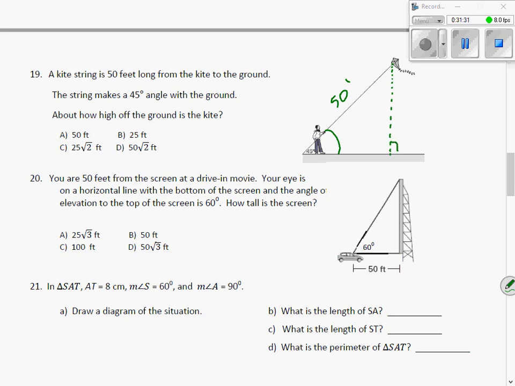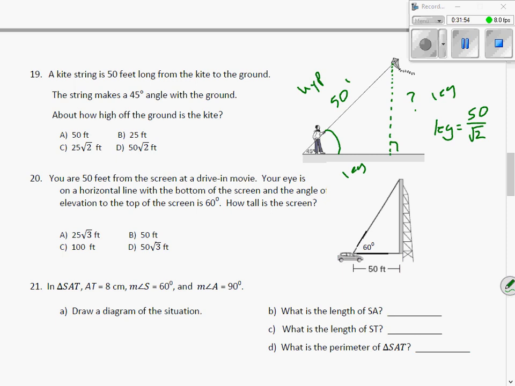That's an altitude. How far is that? Well, that means this is the hypotenuse, and this is the leg. If I want to find the length of a leg, I take the length of the hypotenuse and divide it by the square root of 2. Leg equals length of the hypotenuse divided by square root of 2.